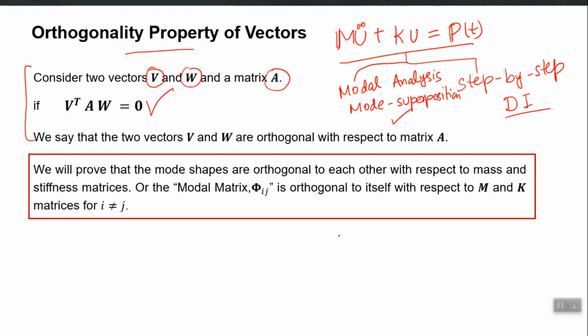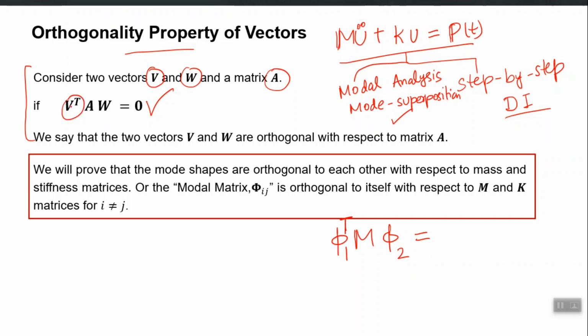We can prove that if we take the first mode shape vector and multiply it with the mass matrix and multiply again with the second mode shape vector, we will get 0, because this will be first mode shape transpose times mass times the second mode shape.